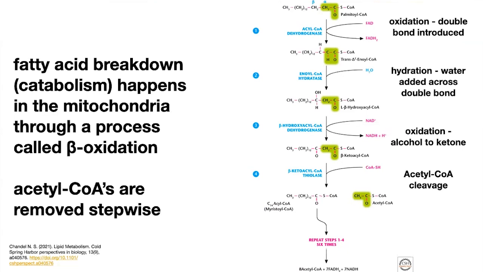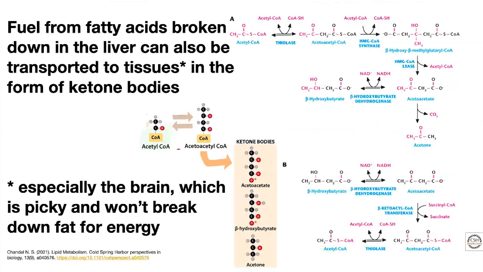What's going to happen if you have a lot of acetyl-CoA build up is that this last step can actually reverse itself. If you stick 2 acetyl-CoAs together, what you get is acetoacetyl-CoA. Now HMG-CoA synthase can transform that into beta-hydroxy-beta-methylglutaryl-CoA.